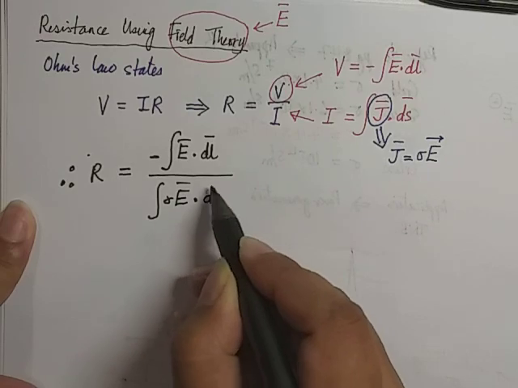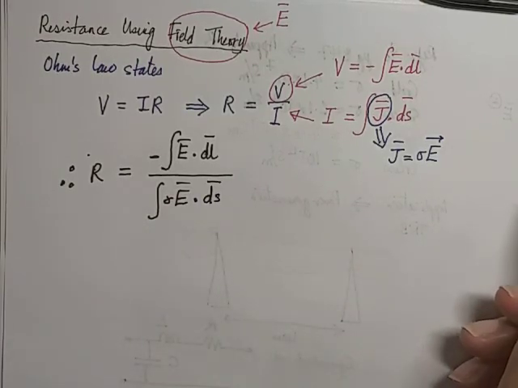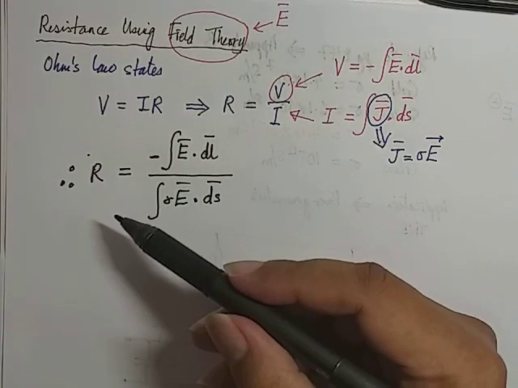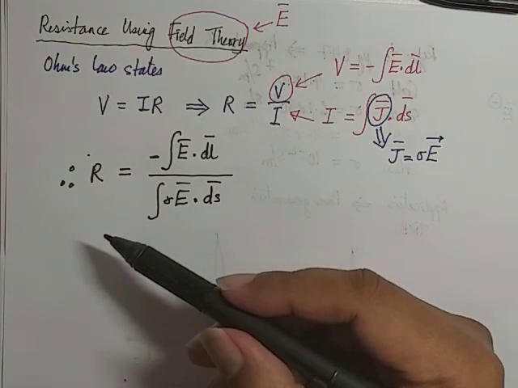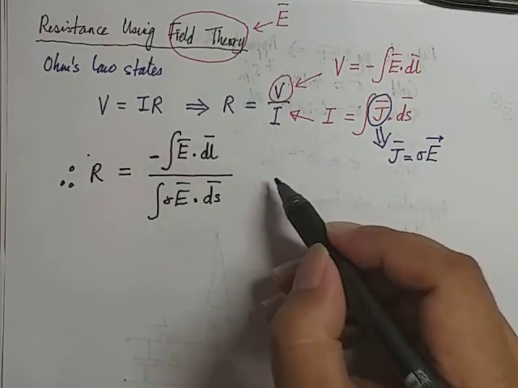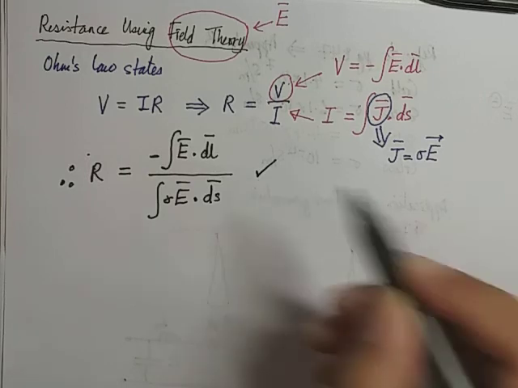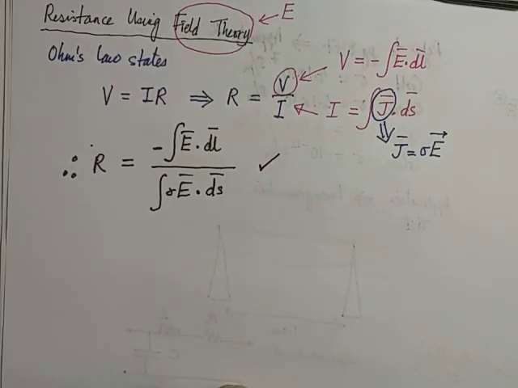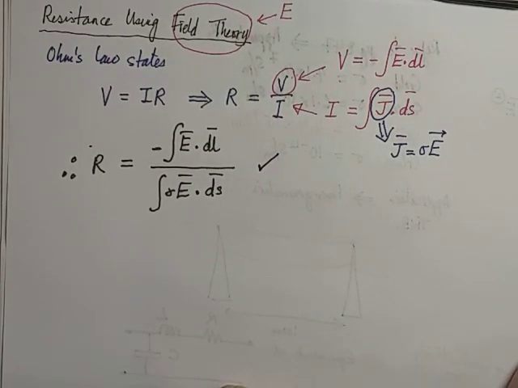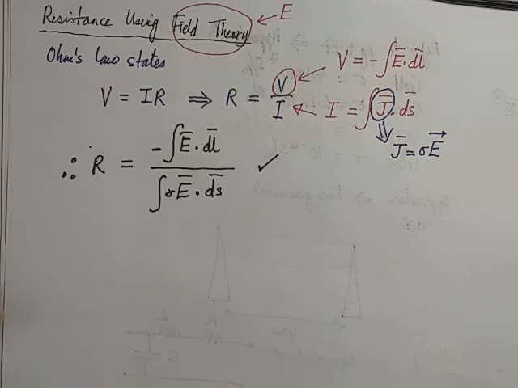That should be the method that we use to find resistance using which theory? Good, field theory. So this is the appropriate equation we use to determine resistance of any given conductor material.